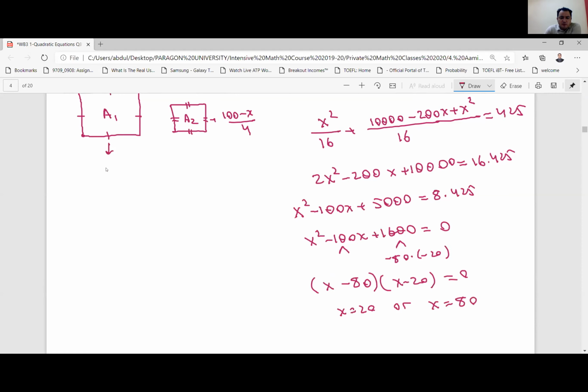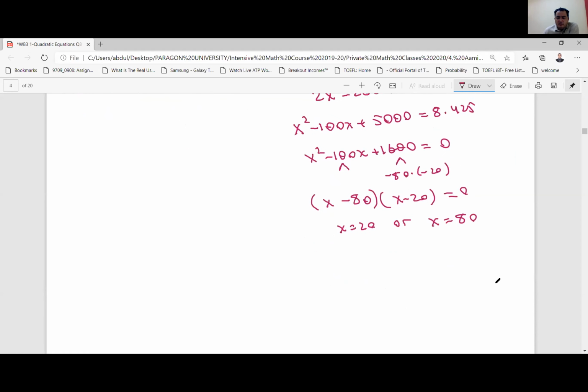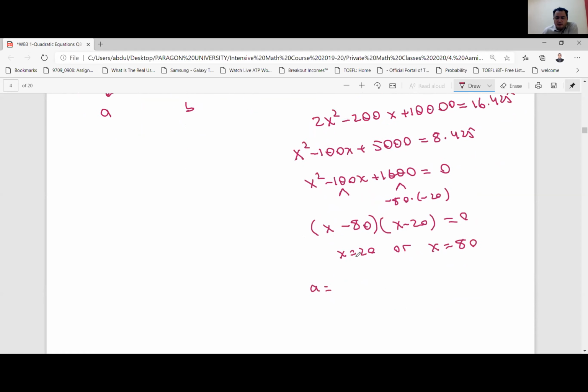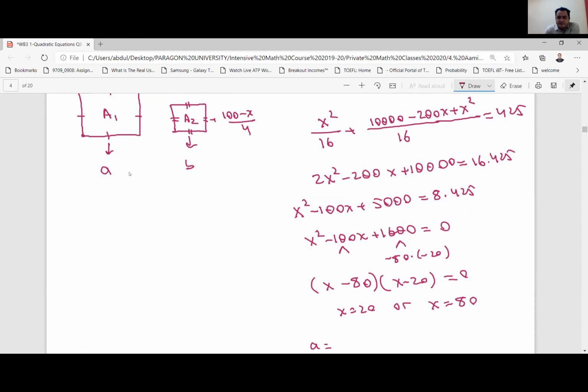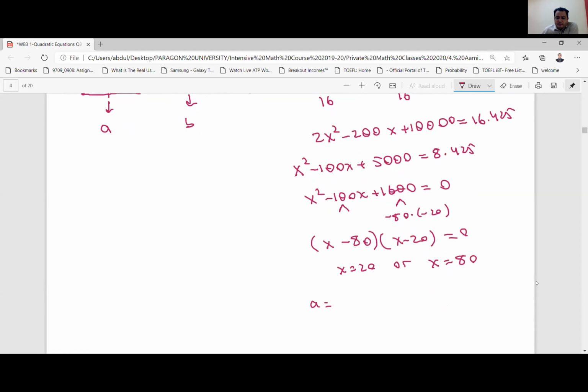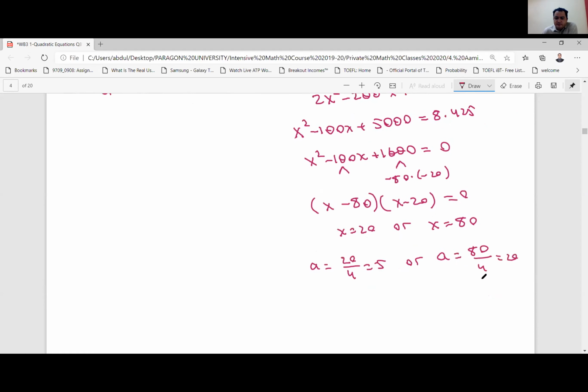If the side of this square is a, the bigger one, and that one is b, right? And what is a? A equals 20 over 4 equals 5, or a equals 80 over 4, which is equal to 20.